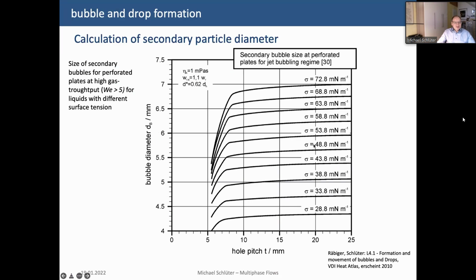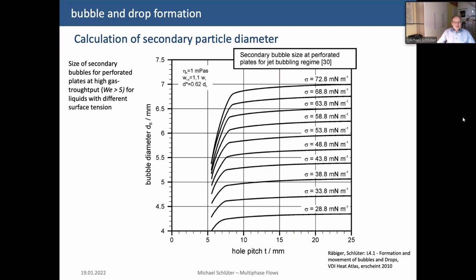And here we have another opportunity for different surface tension. I mentioned surface tension has this strong influence on the bubble size. Here from 7 millimeters it drops to 4.5 just with decreasing surface tension. So there are correlations and also such diagrams, but the problem is that we can always only get one diameter out of this diagram, and this is a mean diameter that can be calculated.